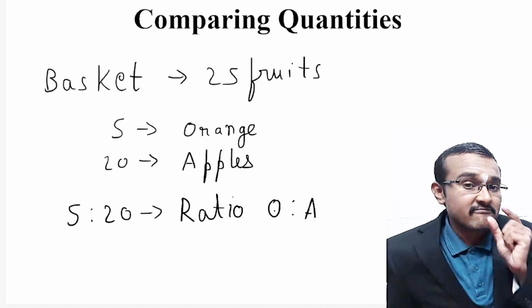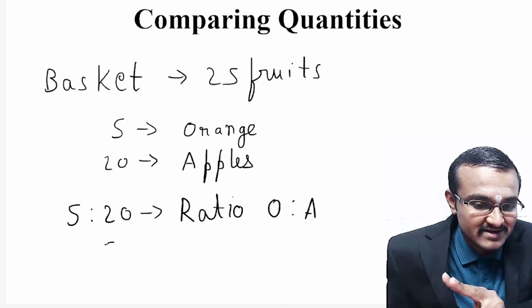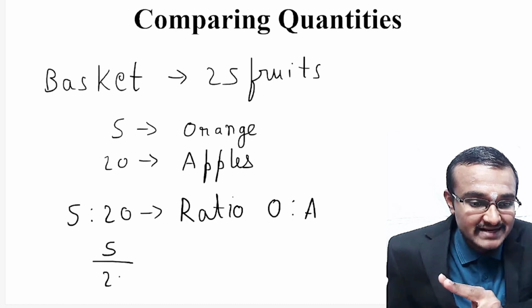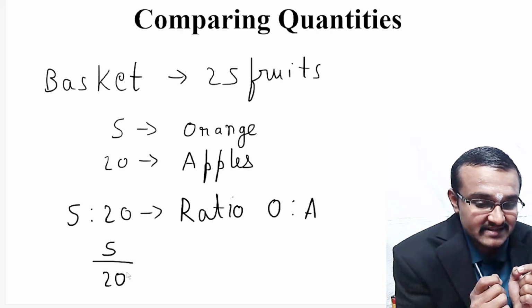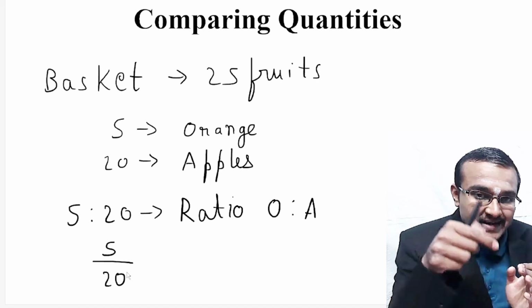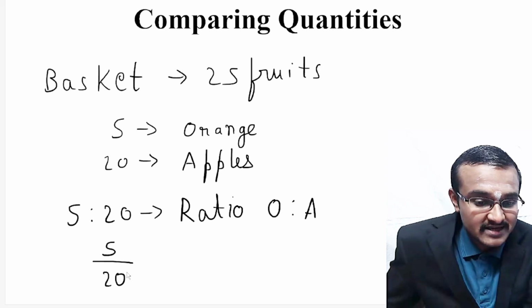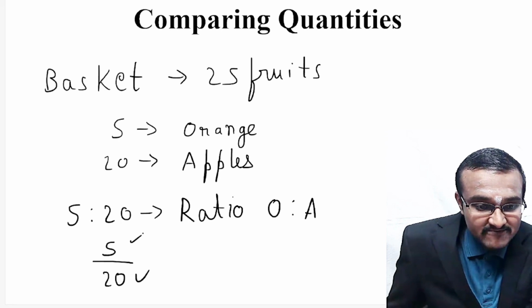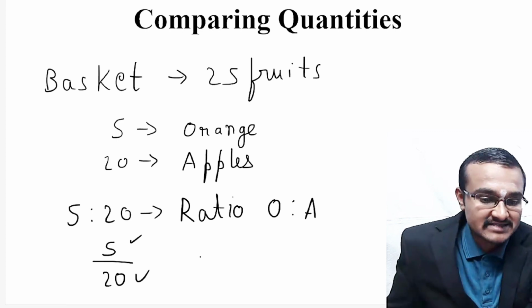That means 5 oranges are there for 20 apples. So this can be written as 5 by 20. Ratios you can express in fractions. That shows 20 apples and 5 oranges among 25 fruits in a basket.